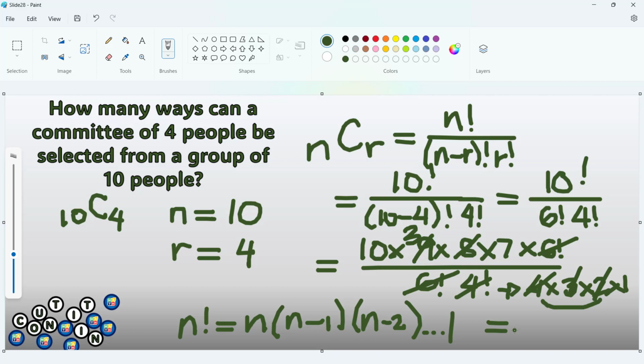Again, that's 10 times 3 times 7. So we will have a result of 210 possible committees that can be formed using 4 people from an already identified group of 10 people. So there are only 210 ways. That is how we answer this because this fits the combination concept, and that's Count It In.